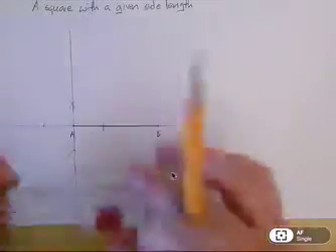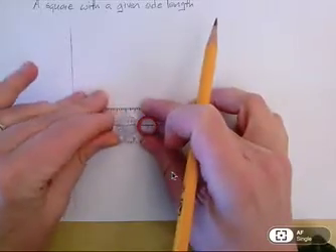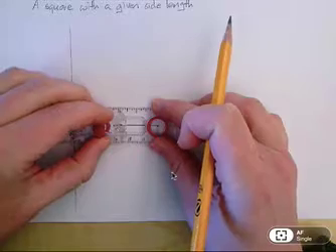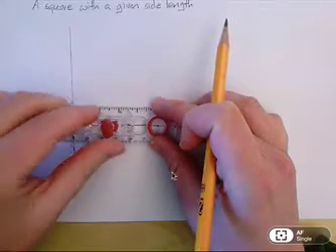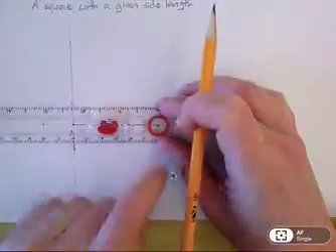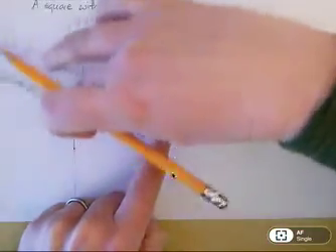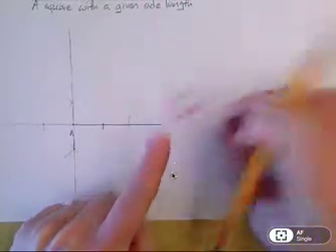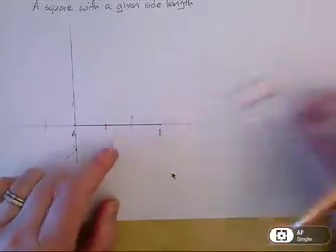So once again, I'm going to make a segment that centers around, oops, make sure you unlock the compass so that we don't strip them or make them harder to use. Okay, that's going to center around B. There we go. I now have 2 points where B is the midpoint.